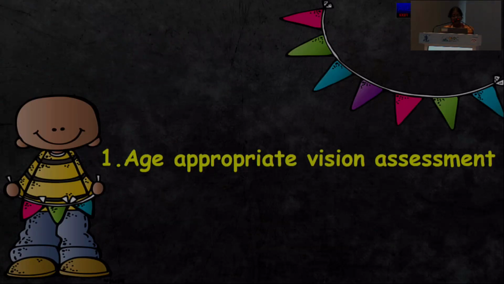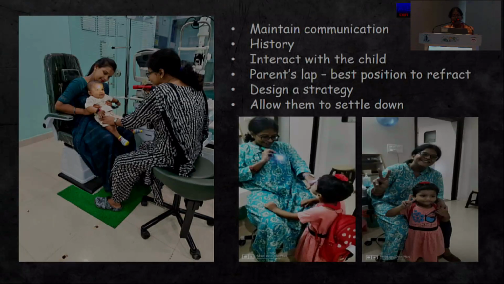Coming to age-appropriate vision assessment, why does the visual acuity measurement have to be age appropriate? Because children are in a phase where the eyes are growing, so the visual acuity method you implement has to be according to the age of the child presenting. Whenever a kid comes, we try to give them a comfortable position, and the mother's lap is the best position for the kid to relax and for the examiner to examine.